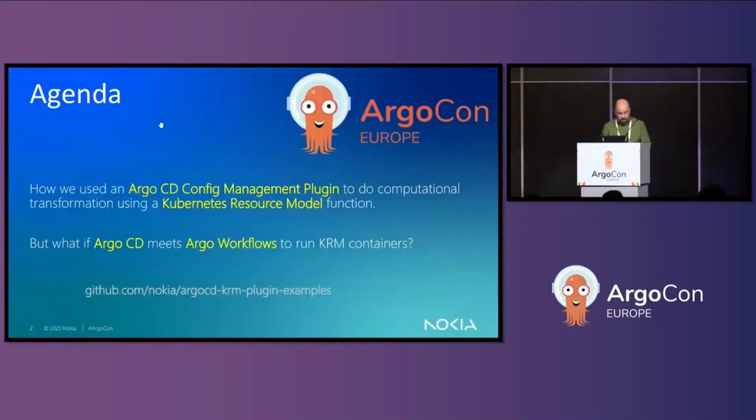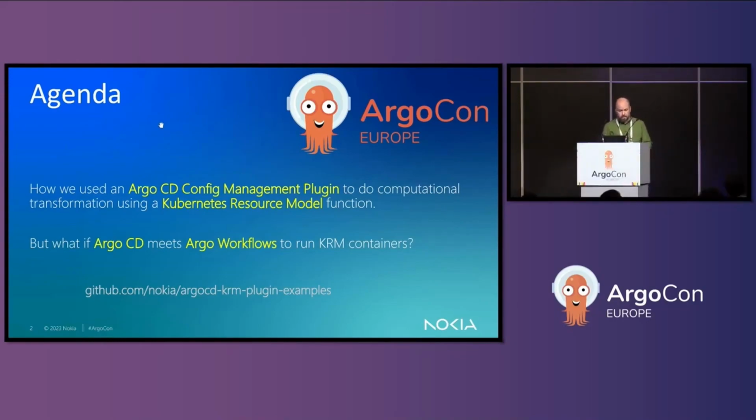I'll be explaining how we used the Argo CD config management plugin to do a computational transformation using a Kubernetes Resource Model, so KRM function. And I'll also be pitching what we could have done, namely, what if Argo CD meets Argo Workflows to run these KRM functions as containers.